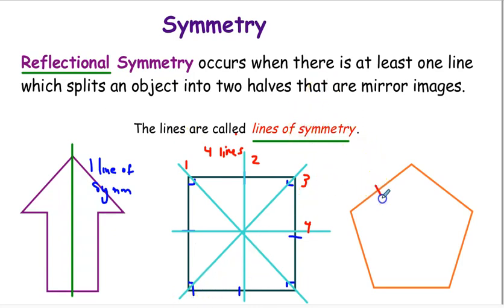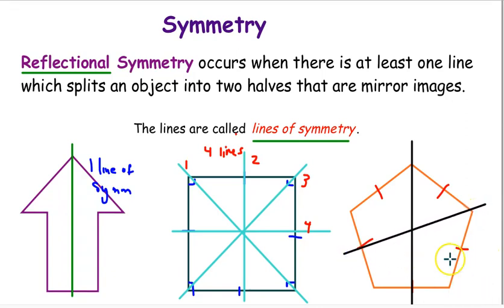And then again, let's call this a regular pentagon because that just makes it a little bit easier. And we're not always going to do that. And we'll do some examples where we're not assuming they're regular. But for these, let's go ahead and put in the regular lines. On a pentagon, I see a regular pentagon, one line of symmetry. And then we're actually going to call all of these lines of symmetry.